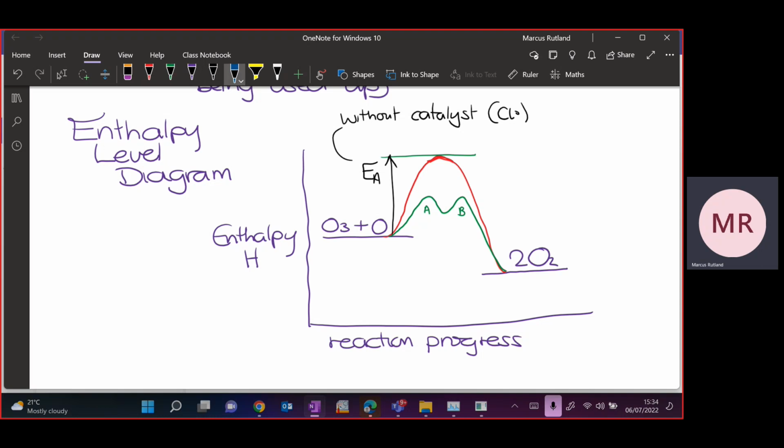And so now this is our peak. If your two humps on the camel's back are different heights, you just do it to the highest one. And so this would be the activation energy with the catalyst.